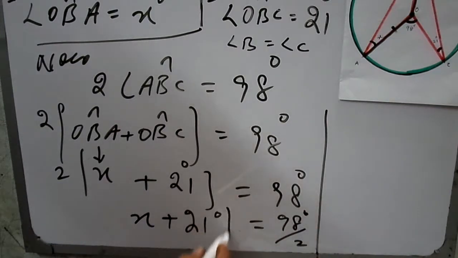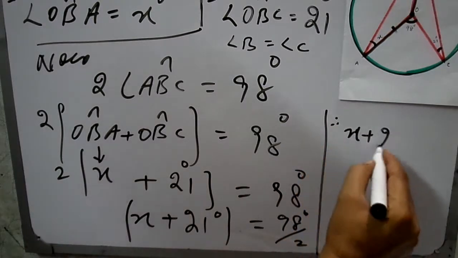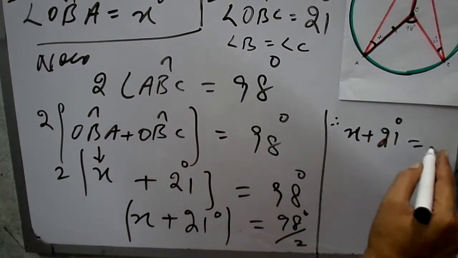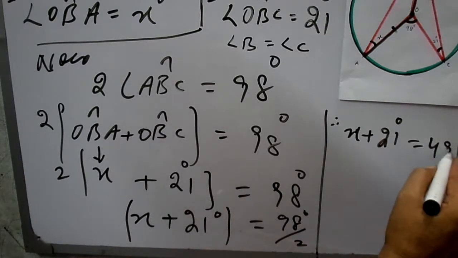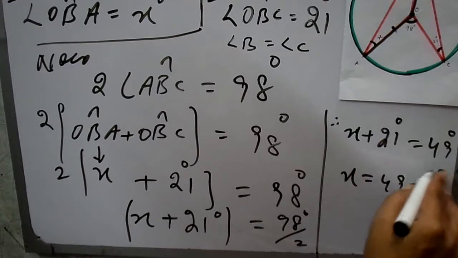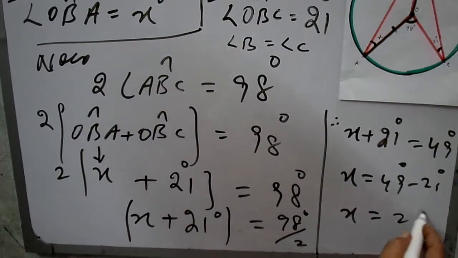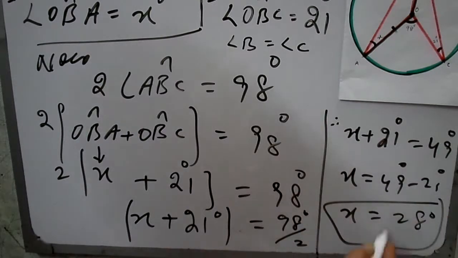Because 2 is multiplying here, you should divide it. Therefore x plus 21 degree is equal to 49, but you need the value of x, that is 49 minus 21 degree. So the value of x is 28 degree. So here is your result.